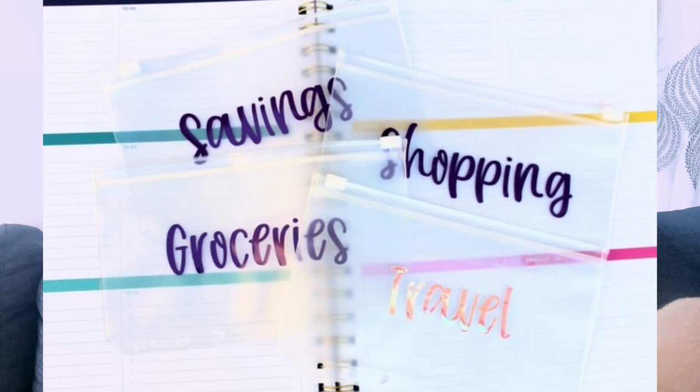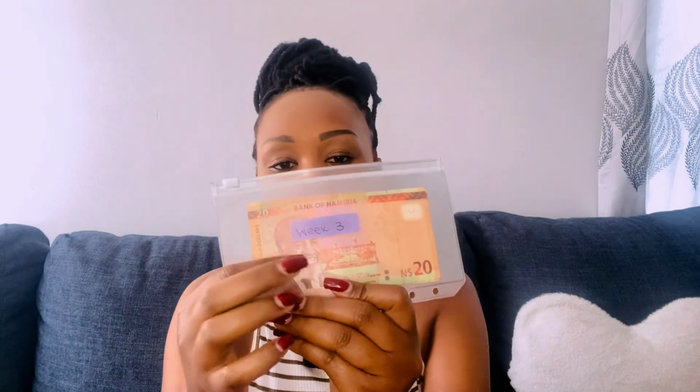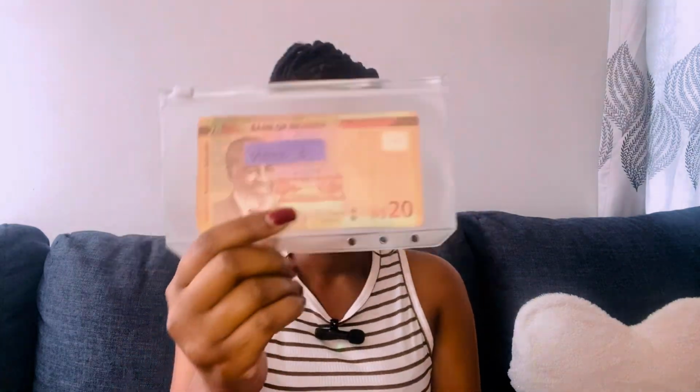If it is for groceries, you put a label that this one is for groceries, or for food, or for utilities. All those categories, you label them. And if you are using paper envelopes, you can just write the category on that envelope.